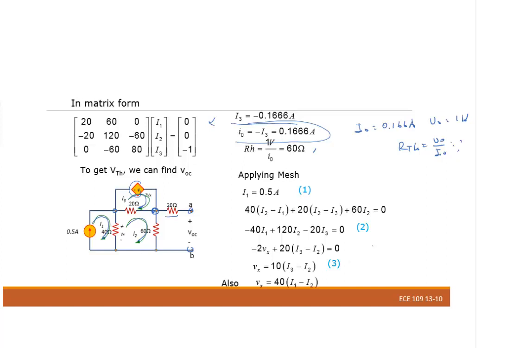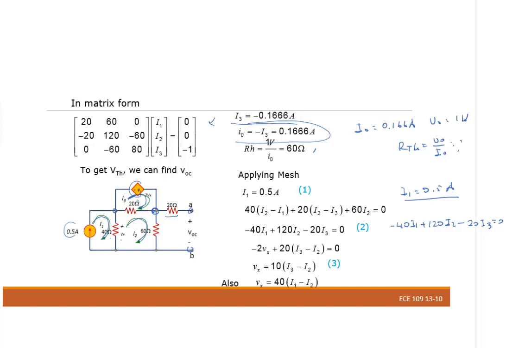First one is actually I1 equal to 0.5 directly. I1 is equal to 0.5 ampere. Done. The second one is negative 40 I1 plus (40 plus 20 plus 60), so it's 120 I2, and negative 20 I3 equals 0.